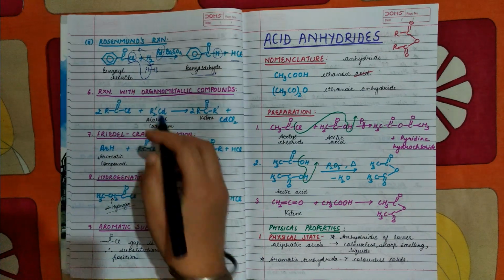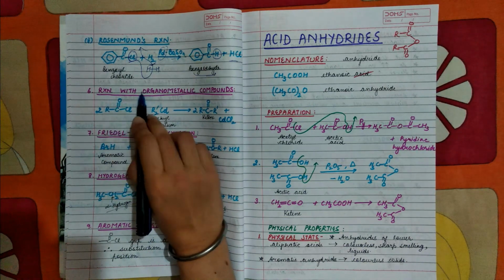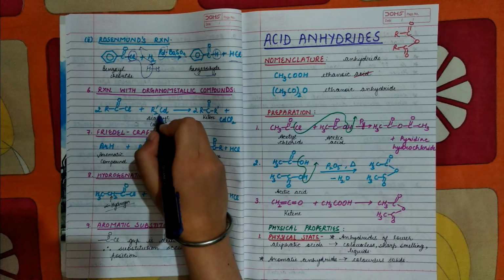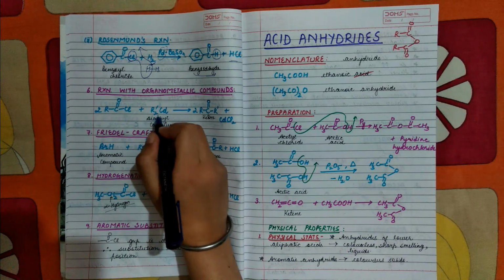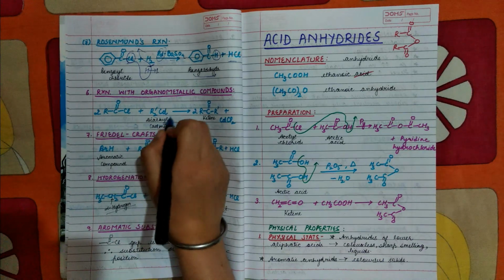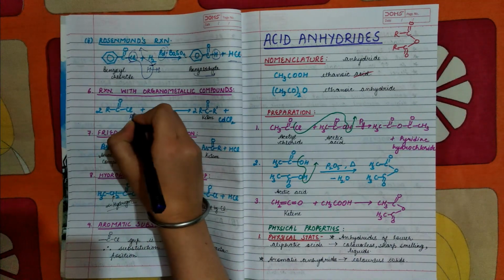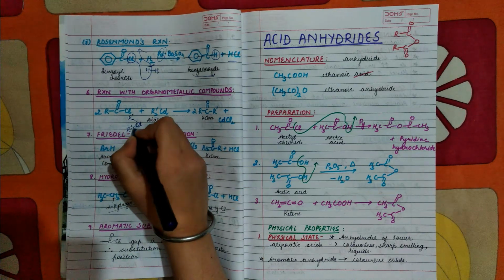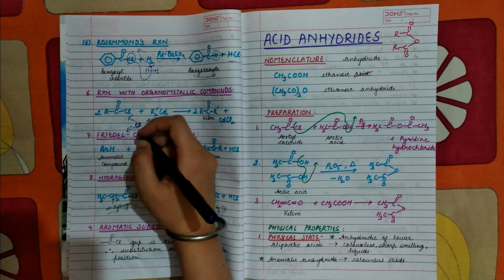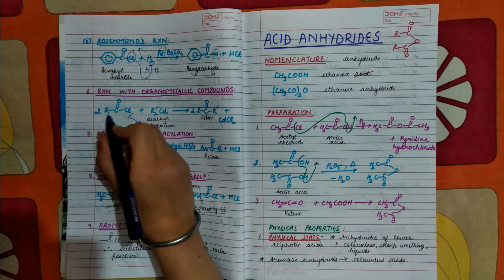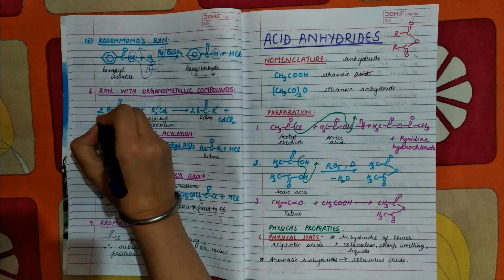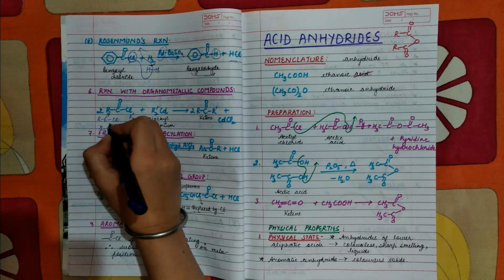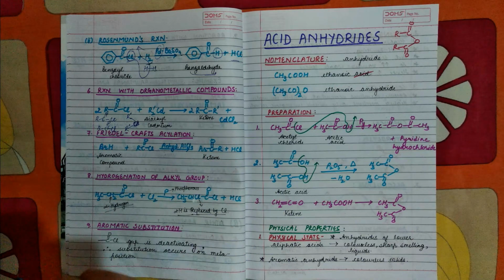Next reaction is reaction with organometallic compounds. For example, R2Cd, that means dialkyl cadmium, we can write it as R'2Cd. Cadmium valency is 2, so 2 alkyl groups will be attached. From here we take 2 acid chlorides, RCOCl and RCOCl.